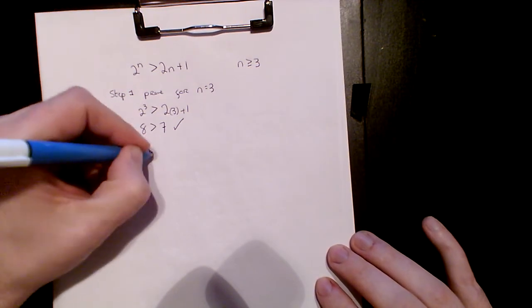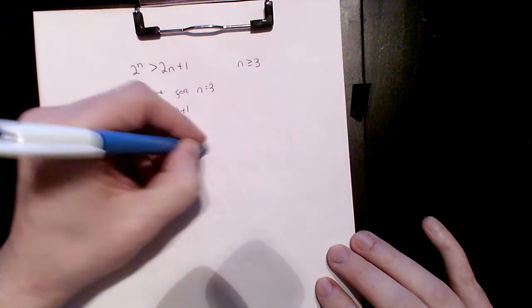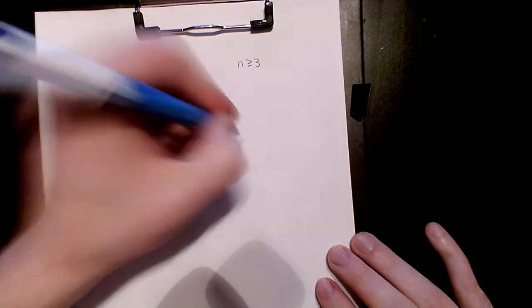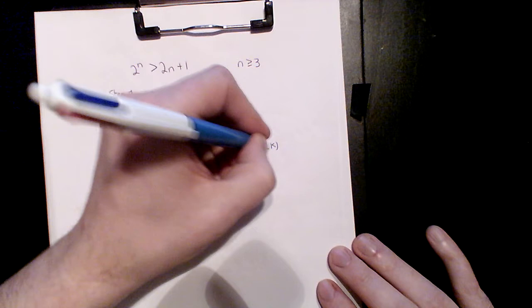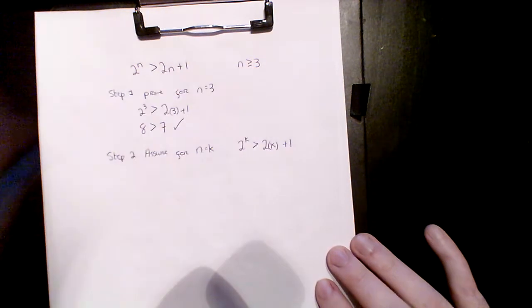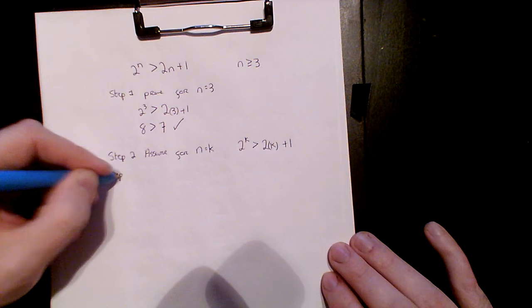Step 2, assume for n equals k. So we have 2 to the power of k is greater than 2 times k plus 1. Okay, step 3.